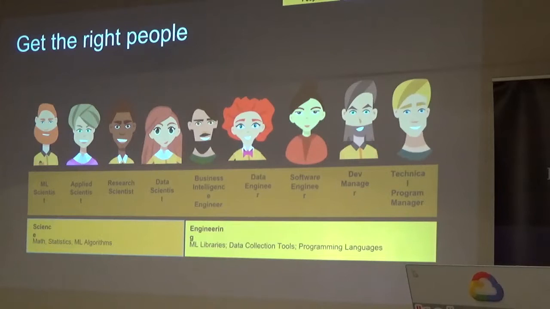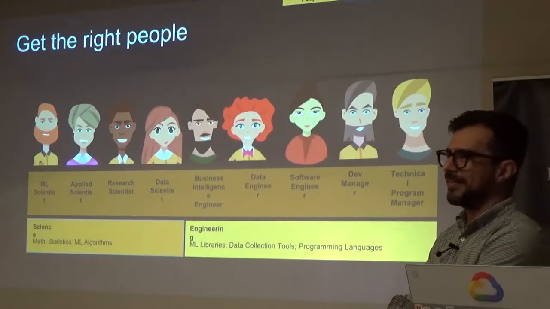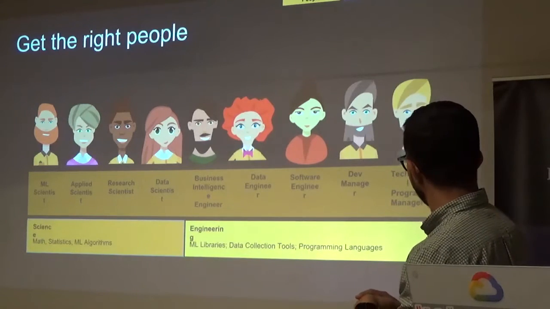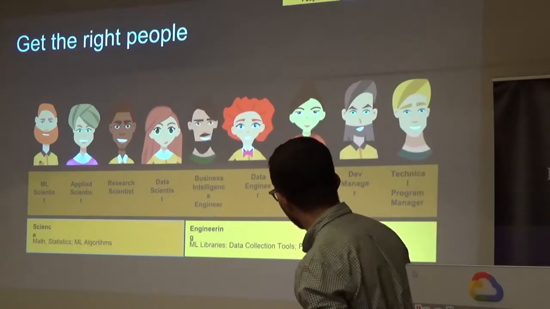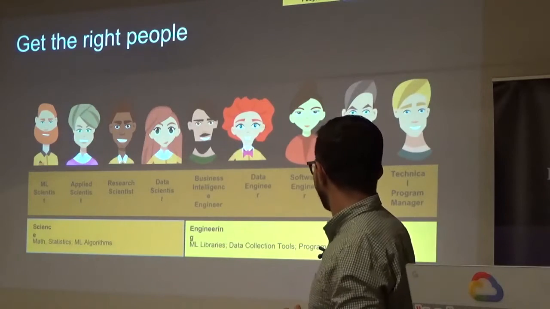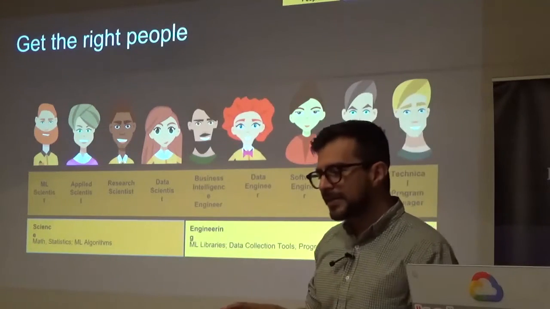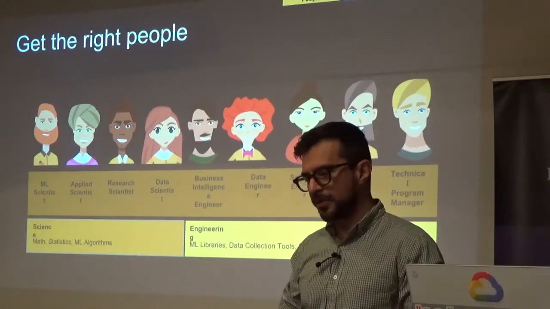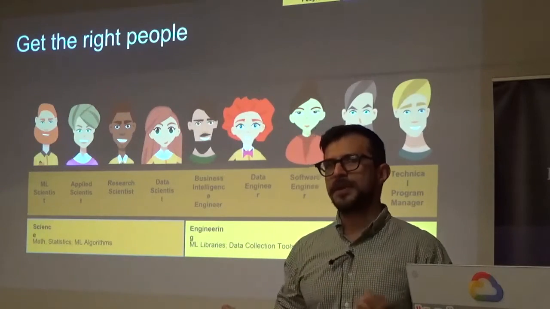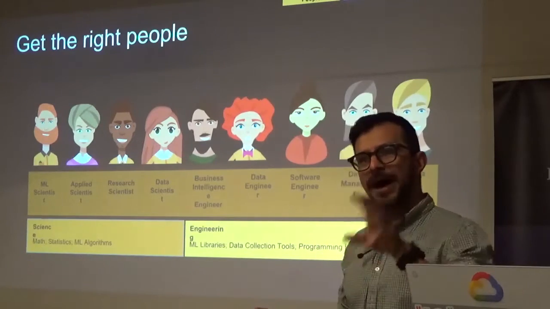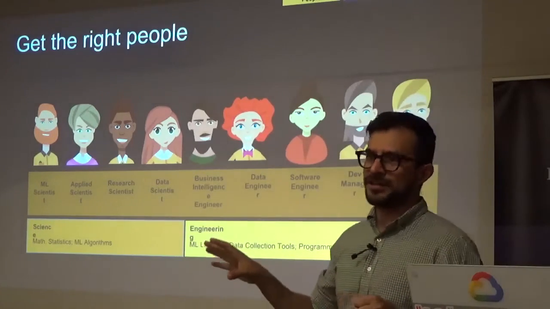So the first thing is get the right people, right? There are many different roles in different organizations. But the part that I think is important for us as product managers, or people who want to be product managers, to understand is to differentiate science or math from engineering.